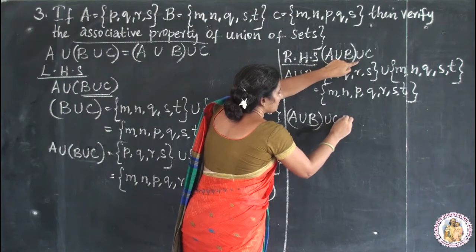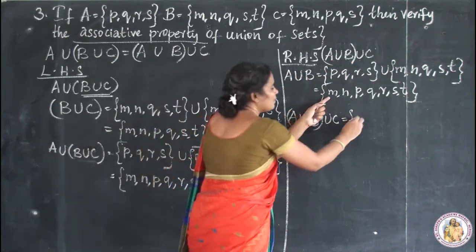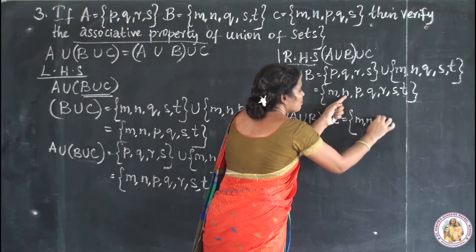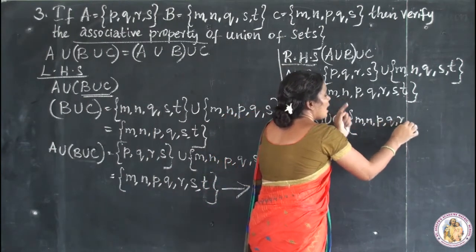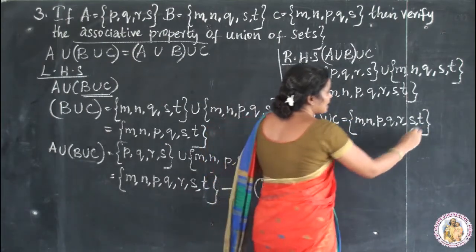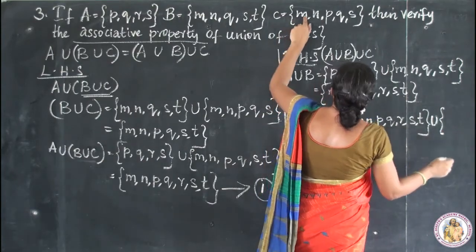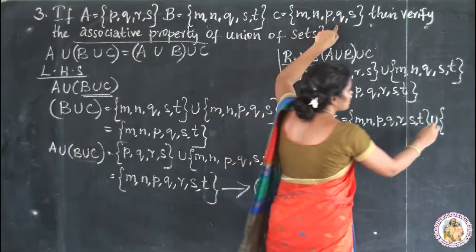Then (A union B) union C. For A union B, we have M, N, P, Q, R, S, T, union C. What are the elements of C?